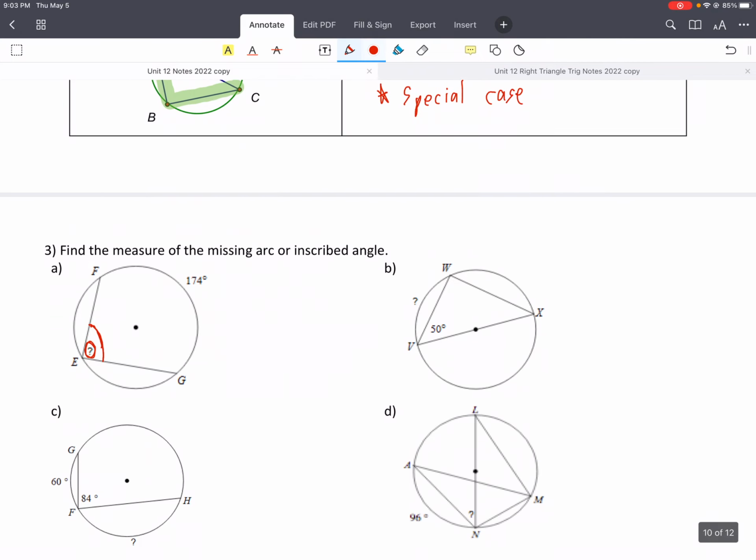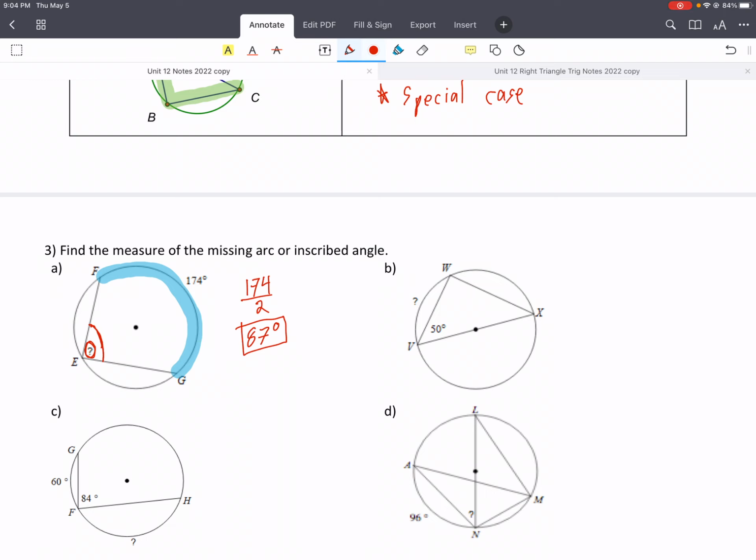So that angle is half of that arc, and we know that arc is 174 degrees, so we can just take 174 divided by 2, and that gives us 87 degrees. So our missing angle there is 87 degrees.